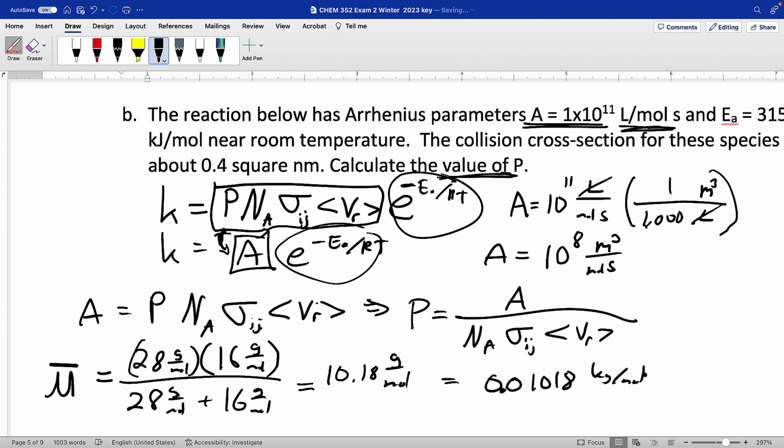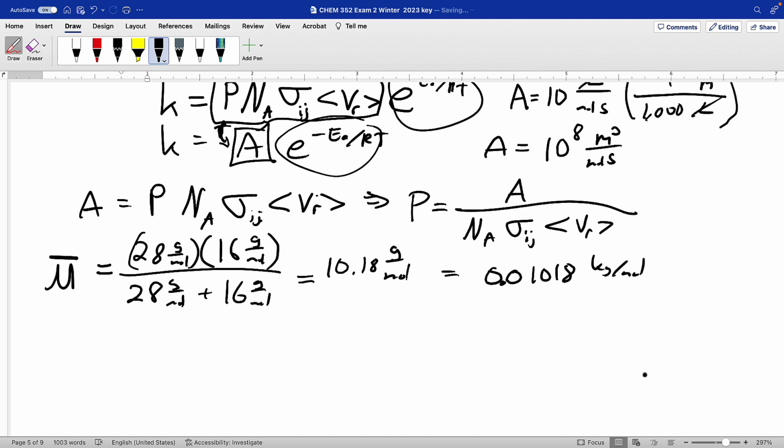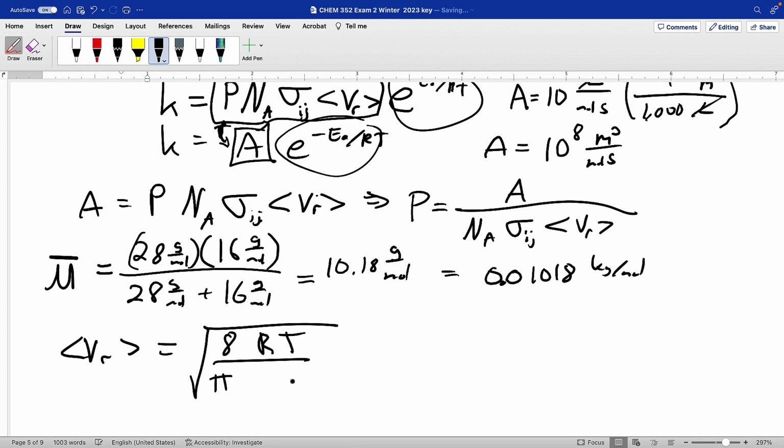And then we can plug that into the expression for the average relative speed. So you've got 8 over pi, we've got RT, and then we plug in our reduced molar mass. And notice that R is per mole and this is per mole, so we're good to go here. So we'll go ahead and put in 8.314 joules per mole per Kelvin.